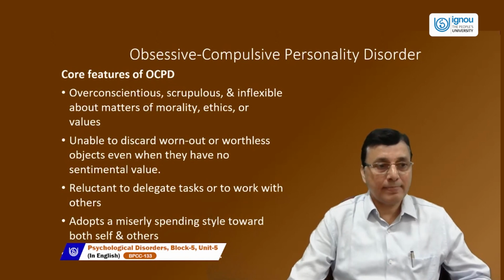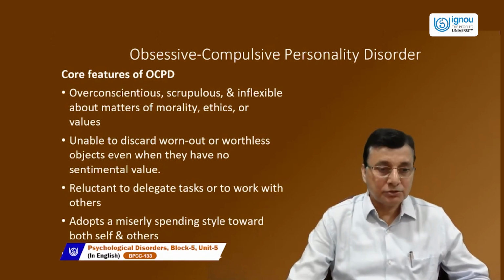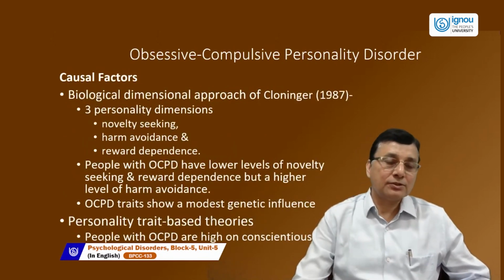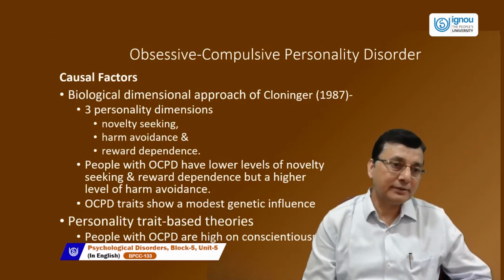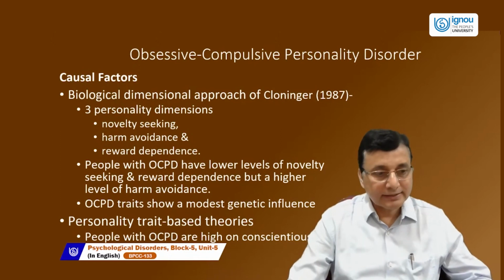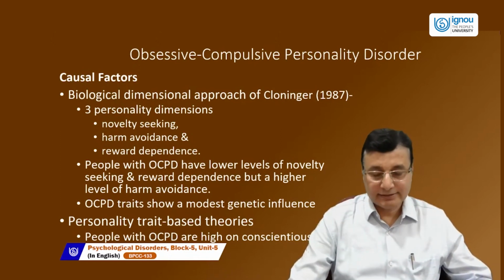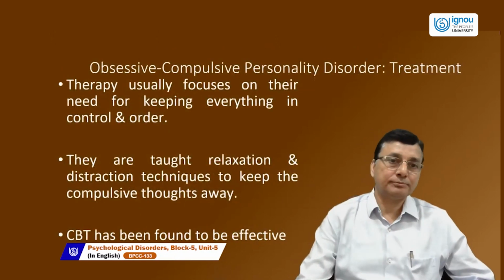Overconscientiousness may be there, with reluctance to delegate tasks or to work with others, showing rigidity and stubbornness. Causative factors are basically biological factors and social factors. Certain personality traits, like high conscientiousness, are also seen in OCPD.